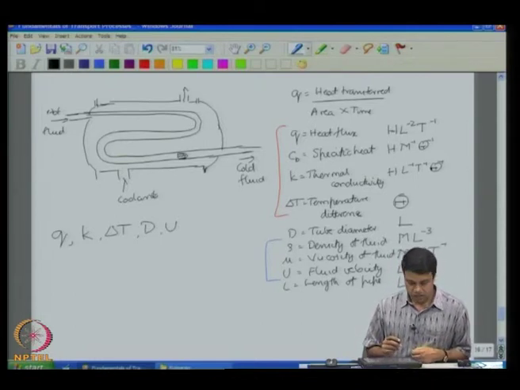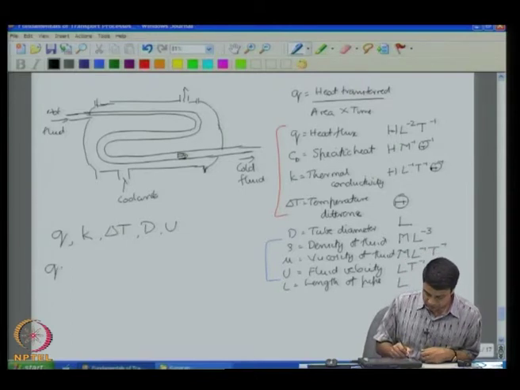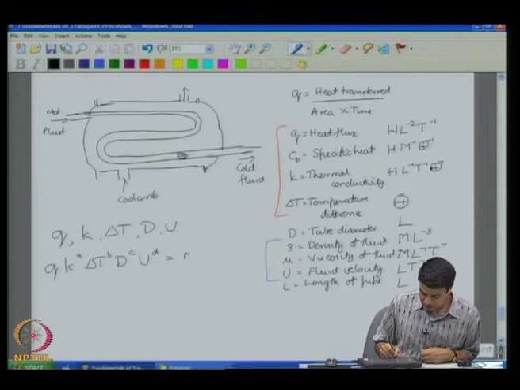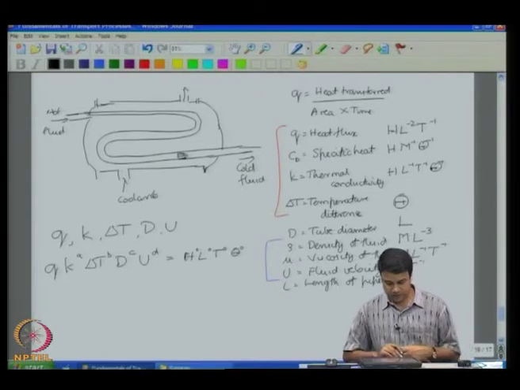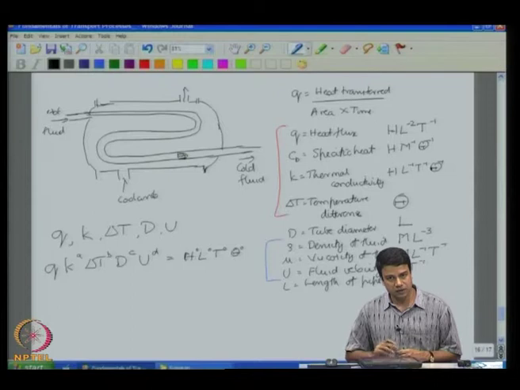So, I have to have q times k power a, delta t power b, d power c and u power d has to be dimensionless. So, it has to be h power 0, l power 0, t power 0, theta power 0. And we do it the same way that we did it for the problem of the force on the sphere.